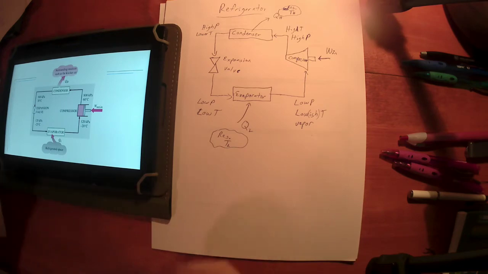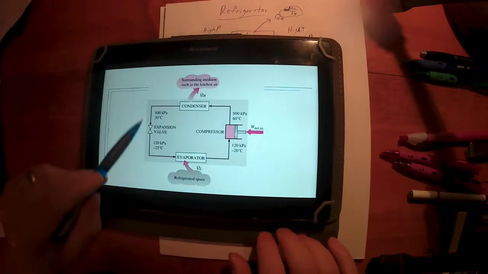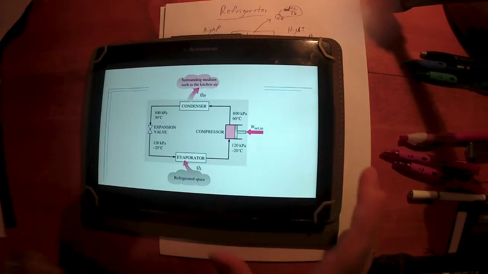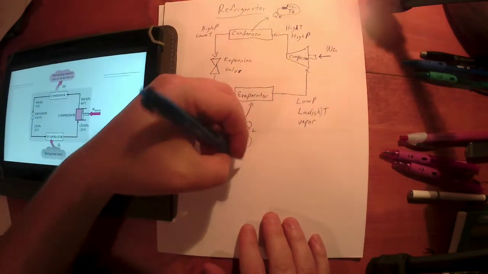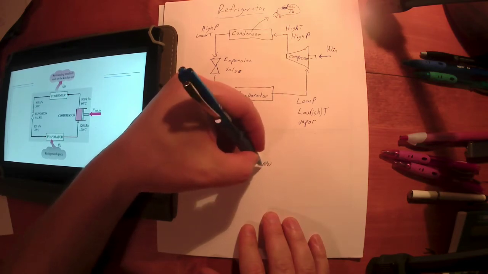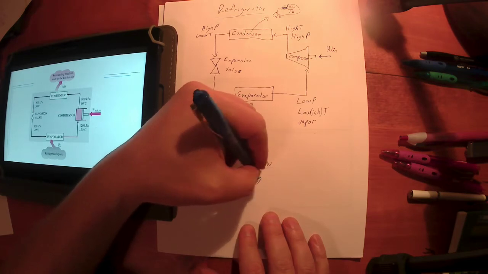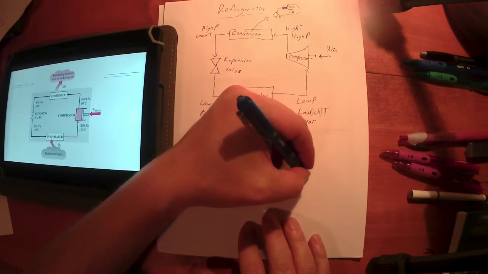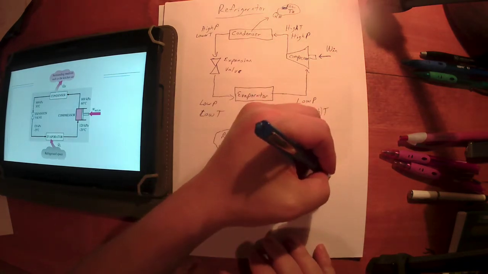Okay. Again, notice, just like we did with the heat engine, what's my system boundary? It's this gray shaded in area. It is a closed system, right? Because it's a closed system, if I do first law analysis on this, it's a closed cyclic system.